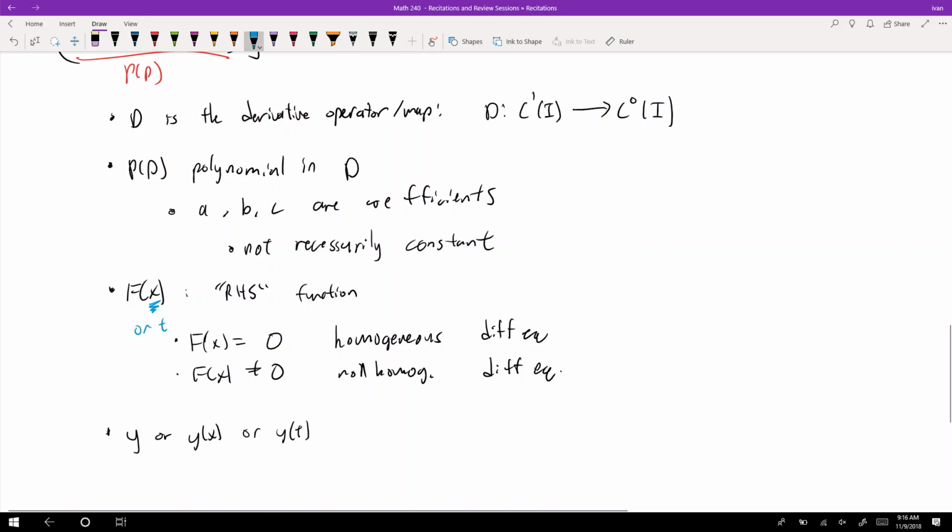It really doesn't matter. It's just some function of some variable. Whatever variable you choose for f, you've got to choose it down here. So this is your general solution.